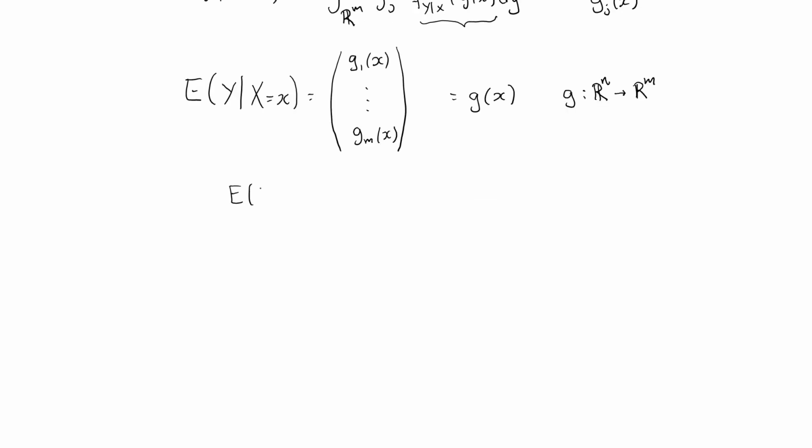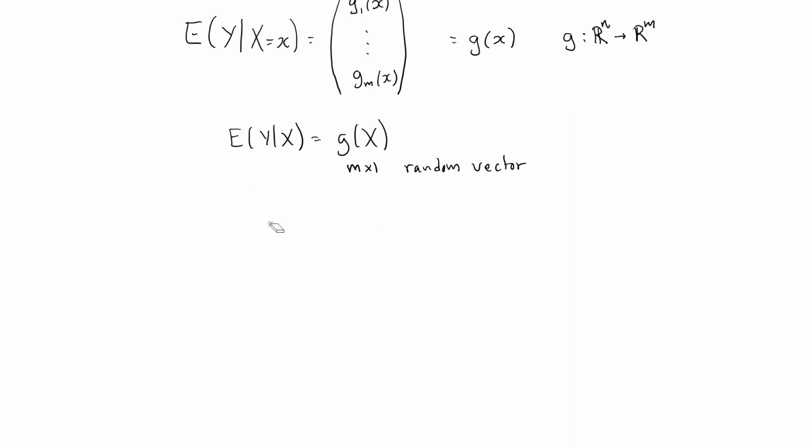And we finally define E[y given x] simply as g of x, which is now an m by 1 random vector. One of the key things to remember is that in this expression, y given x, this will always become a random variable or a random vector.